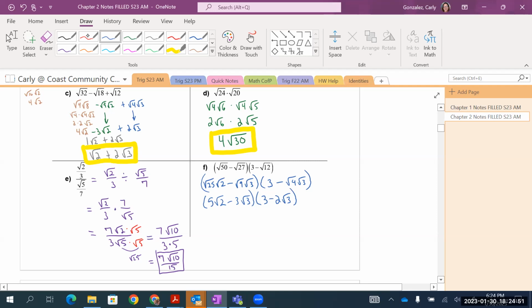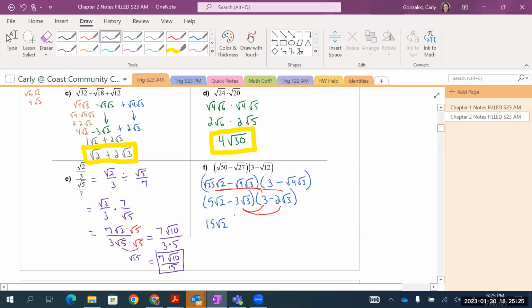And now back to multiplying. We want to make sure this 5 rad 2 multiplies to both the 3 and that 2 rad 3. Same thing, we're going to have that negative 3 rad 3 multiplied by both the 3 and the 2 rad 3. So let's go ahead. We get 5 rad 2 times 3, 15 rad 2.